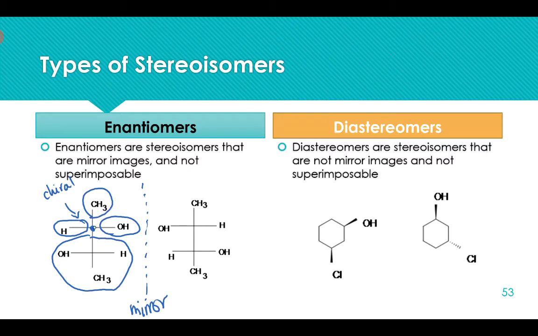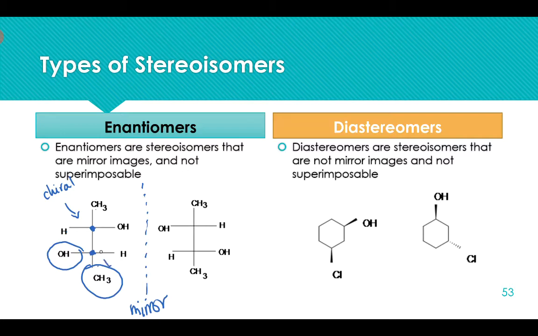So this carbon right here has 4 different groups on it. Likewise, if I look at this carbon, I have 1, 2, 3, 4 different groups. Notice how I circled that whole rest of the molecule? So this molecule has 2 chiral centers. That means there's a lot of different possibilities for the 3D arrangement of these atoms. And so when I take the mirror image of it, these will not align.